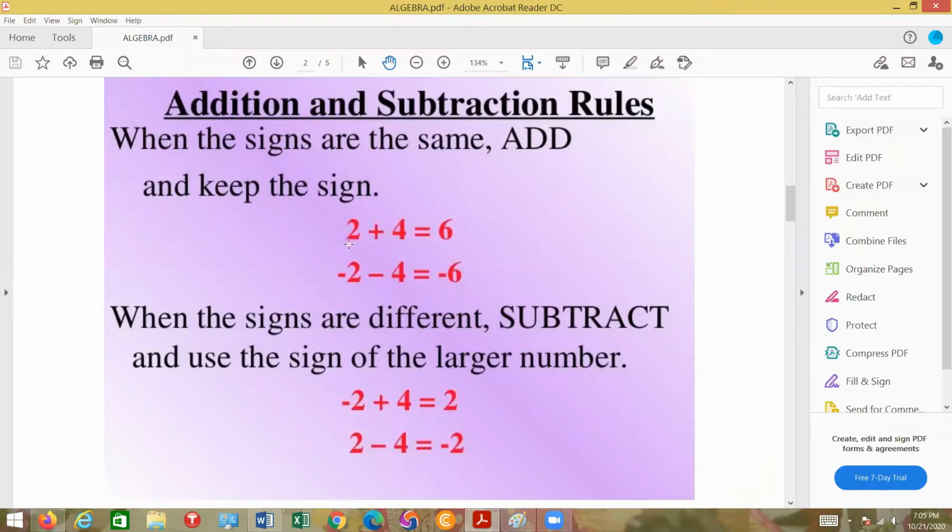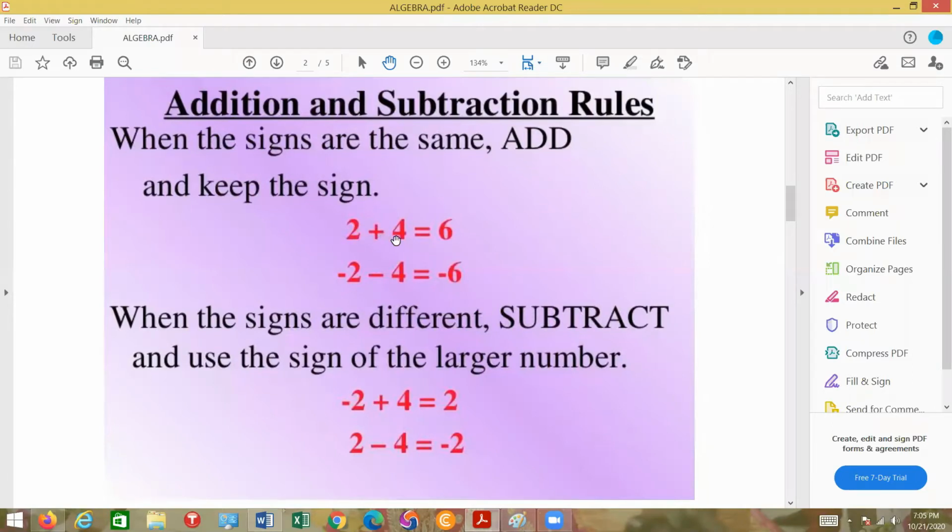Bear in mind, any number or letter you see standing by itself is a positive one. For example, we have 2 here. I can safely say this 2 is a positive 2 because it doesn't have a sign in front of it, and you should recognize it to be a positive one.